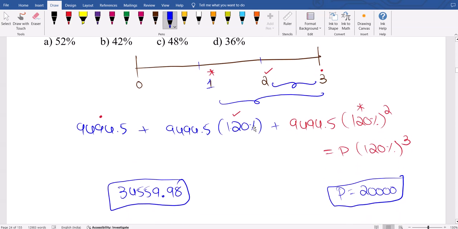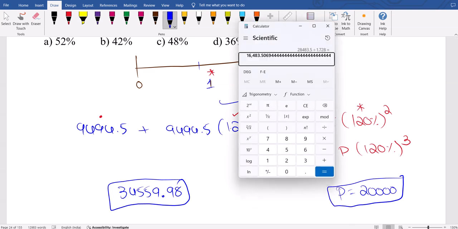installments. And the total amount on the left hand side we got 9,494.5 into 1.2, 11,393.4, 25,000, 34,559. Correct.